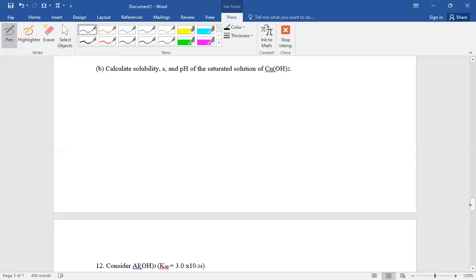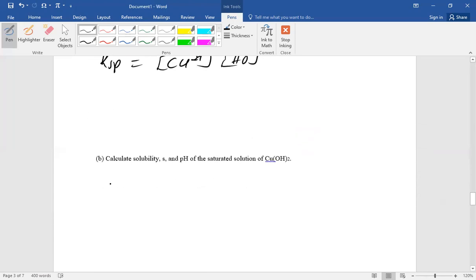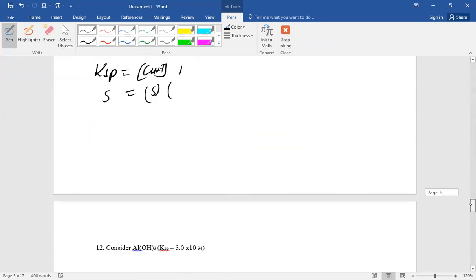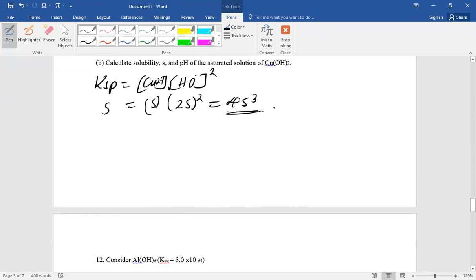From what we have done previously, KSP is copper 2 times OH negative squared. Now we write this in terms of solubility S. If we check the reaction, there's a 2 there, so we write 2S, which gives 4S cubed.